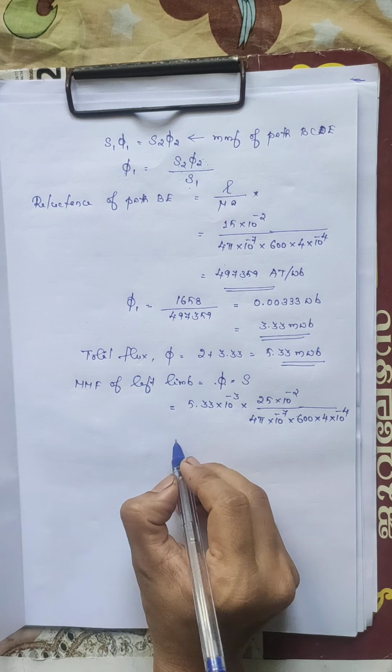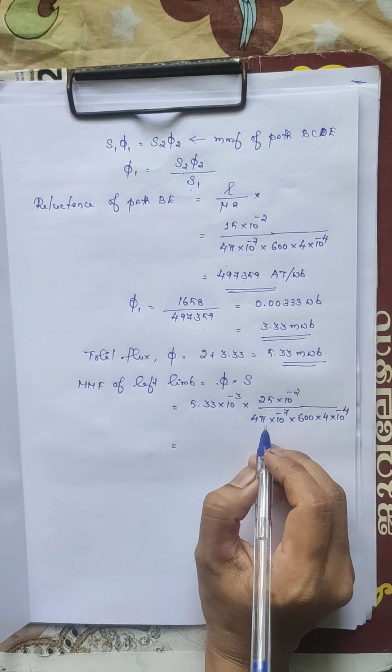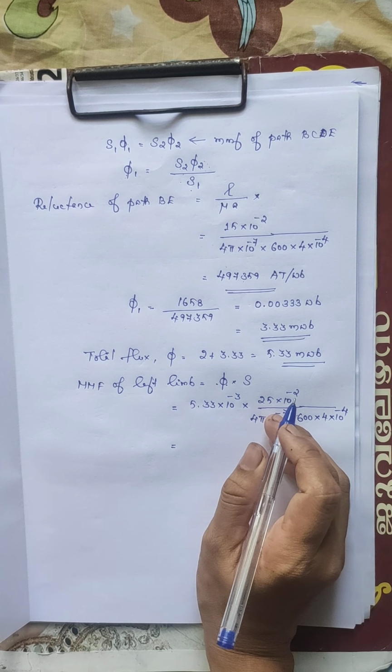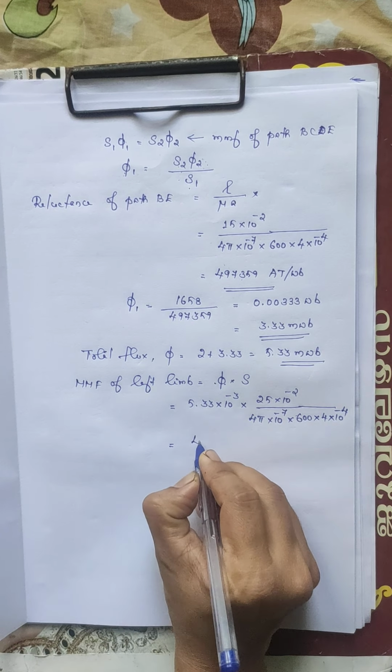On solving this we get the value of MMF of the left limb as 4420 ampere turns.